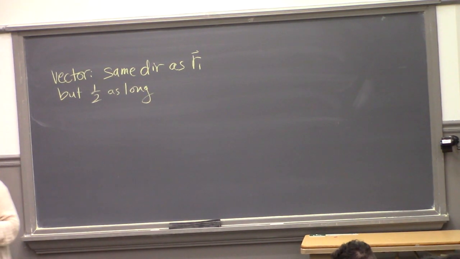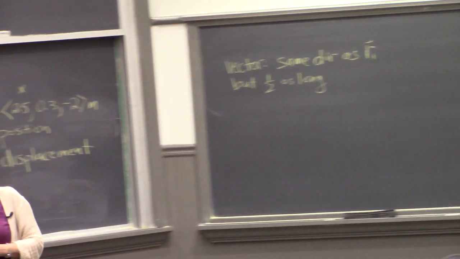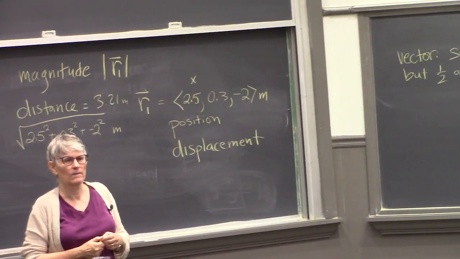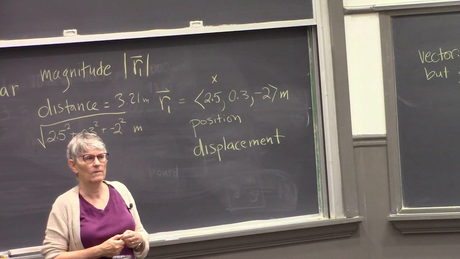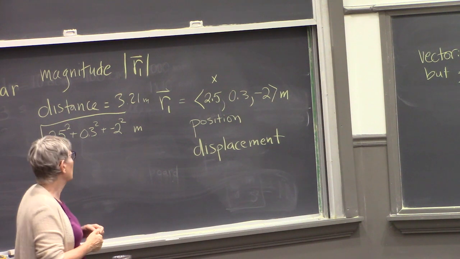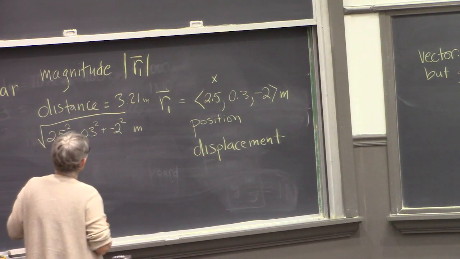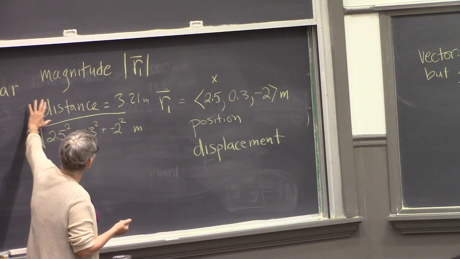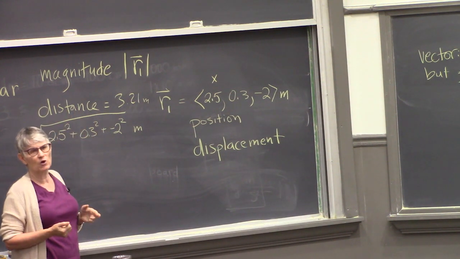What do you think we'd do? Yeah, so you cut the distance in half, so you know the length of the hypotenuse, and then you solve for the sides.